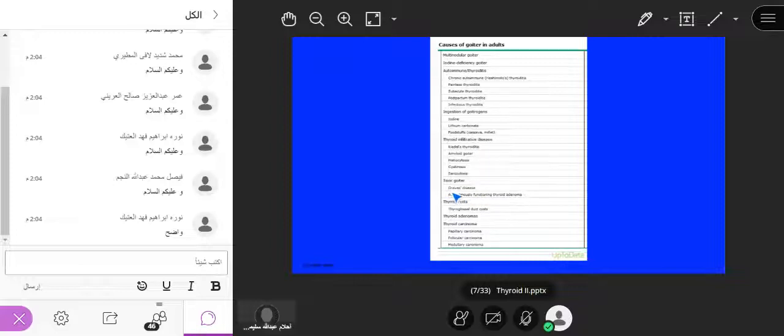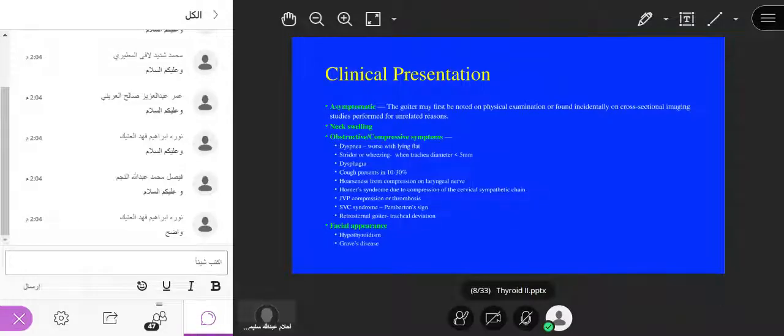If it's toxic, either Graves' disease or toxic nodules. Sometimes a thyroid cyst, a thyroglossal duct cyst, which is above the level of the thyroid, or thyroid adenoma. So any thyroid nodule, whether an adenoma, a benign nodule, or a malignant nodule, presents with goiter.